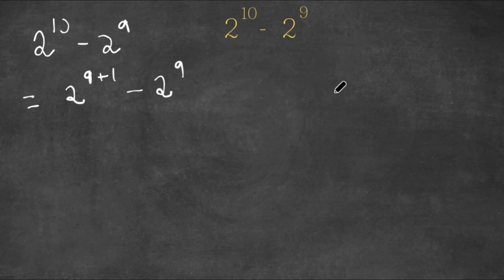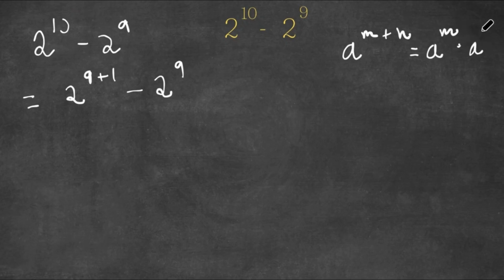Now, an important property of exponents is that if we have something in the form a to the power of m plus n, this is equal to a to the power of m times a to the power of n. So the base simply distributes with the exponents.